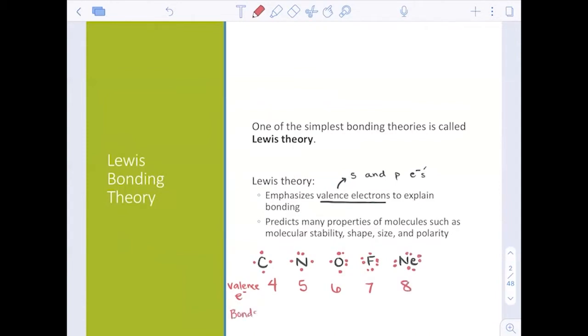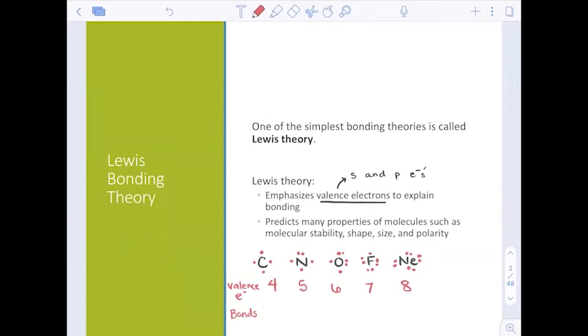Now, we know about the octet rule with ionic compounds, and the octet rule for ionic compounds symbolizes the idea that those charged particles, cations and anions, were able to form because losing or gaining electrons to reach their noble gas configuration was stable. The same idea happens for covalent bonding.